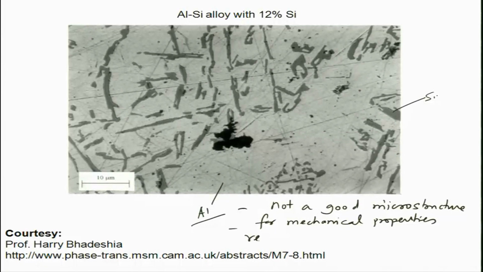As a result, refining agents are added. Refining agents such as a little bit of sodium are added to improve the microstructure and make the silicon phase into a round phase, which reduces the stress concentration and improves the mechanical properties. So, this is the microstructure of the aluminum silicon alloy with 12% silicon.